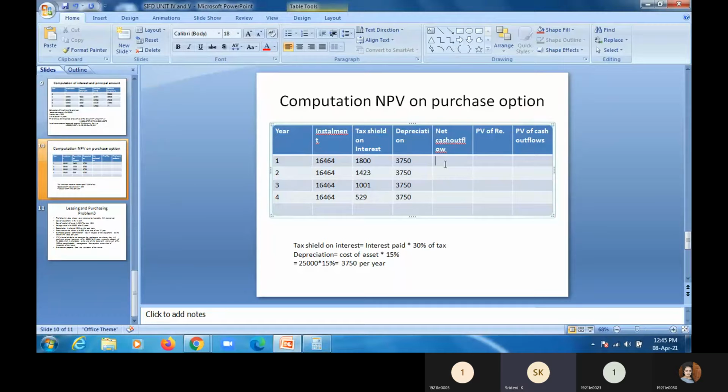So now you deduct depreciation and the interest tax shield from the installment, you will get net cash outflow.